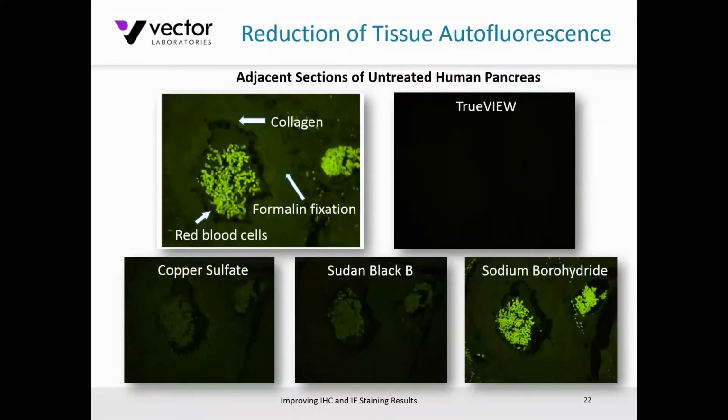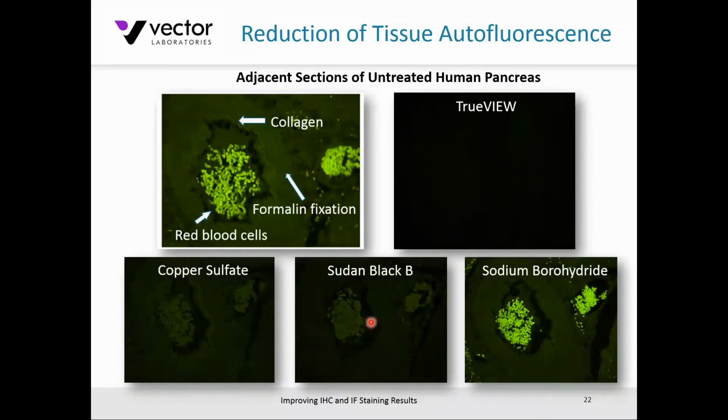Now, what I've got here on this particular slide is a series of essentially adjacent sections of human pancreas with various treatments. And there's quite a number of treatments out there that investigators have used over the years. Copper sulfate is one, tends to wash off quite readily, unfortunately.